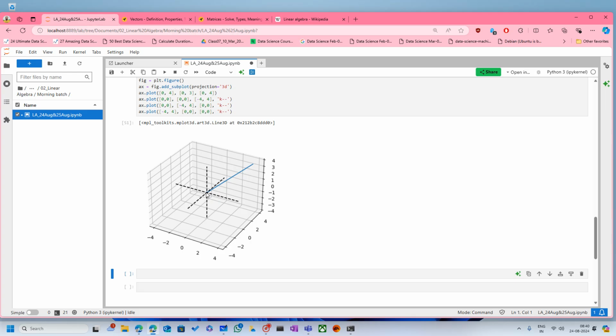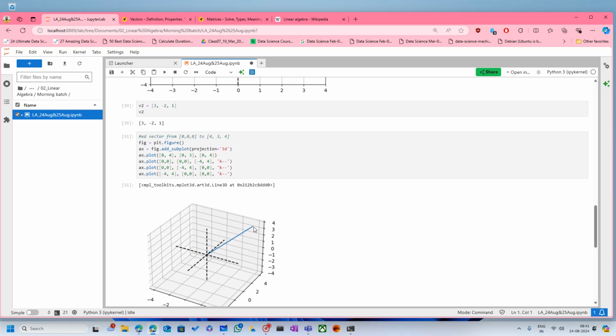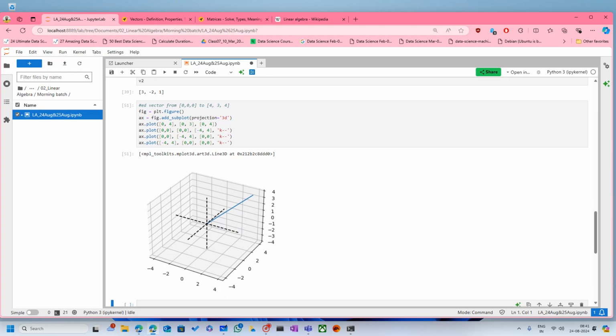From 0 comma 0 comma 0 it's going up until, if you can notice, 4 along the x-axis and 3 along the y-axis. The y-axis you can easily understand, it's at 3 only, and the x-axis is still not very clear, but if this is your x-axis, it has to be at 4 somewhere here.